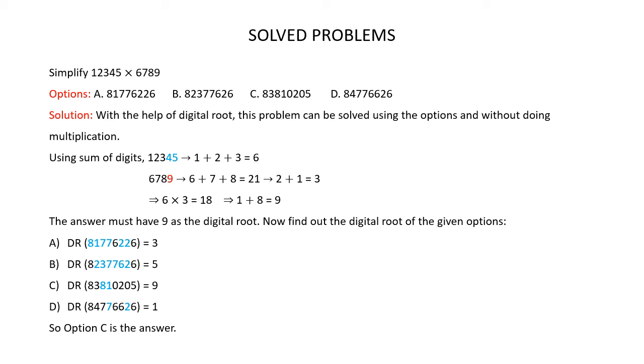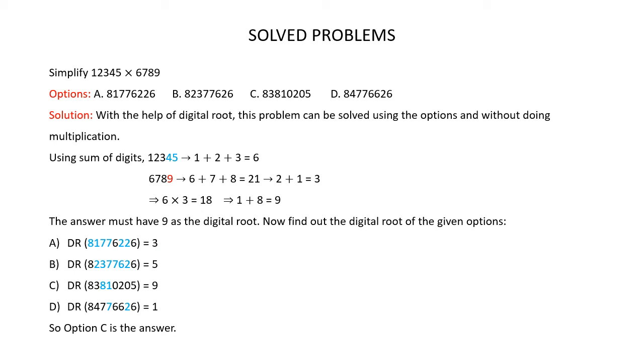Here 8 plus 1 is 9, so you can neglect these two digits. 7 plus 2 is 9, you can neglect these two digits. 7 plus 2 is 9, you can neglect these two digits. So you're left with 6 and 6. 6 plus 6 is 12 and 1 plus 2 is 3. So the digital root of option A is 3.